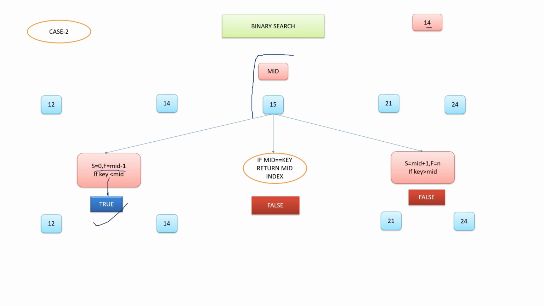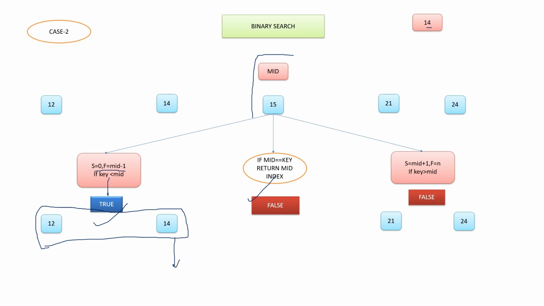First we check if the mid element is equal to our key, then return the mid index, but it is not in this case, so this condition is false. The other condition is true because the key is smaller than our mid element, so we search for our key in the first half, and then we find the key in the first half.